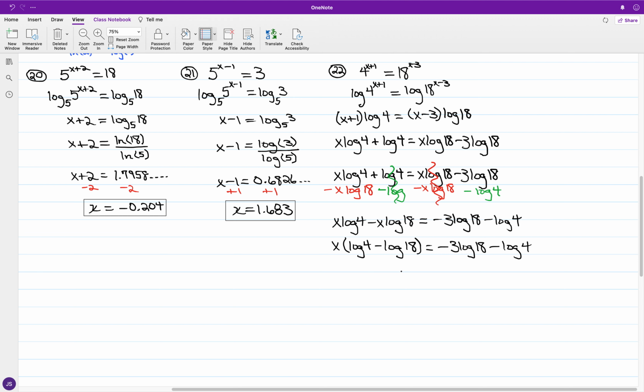So I have that x is equal to negative 3 times the base 10 logarithm of 18 minus the base 10 logarithm of 4, all over the base 10 logarithm of 4 minus the base 10 logarithm of 18. I'll do the calculator notation in just a moment.